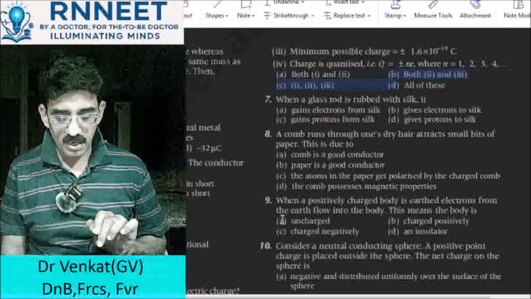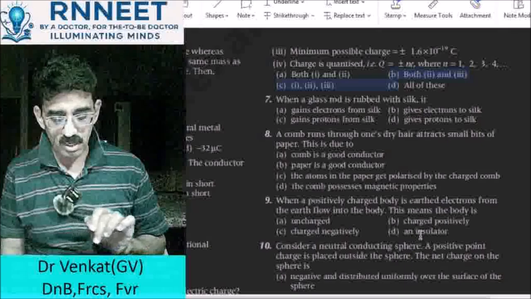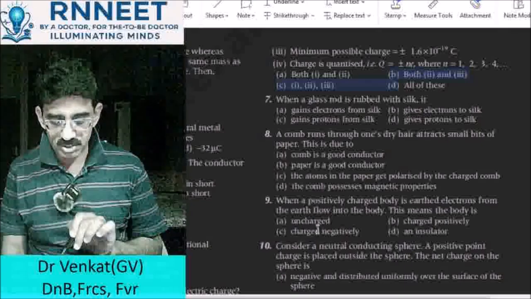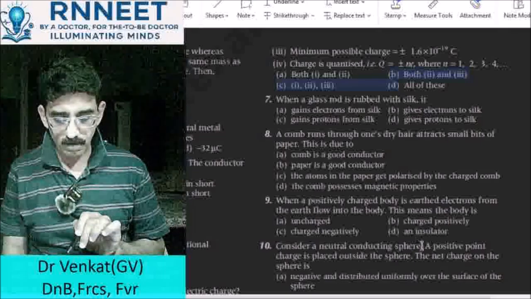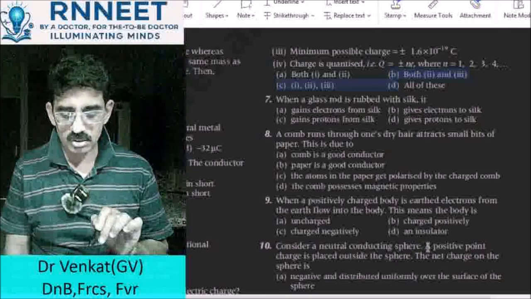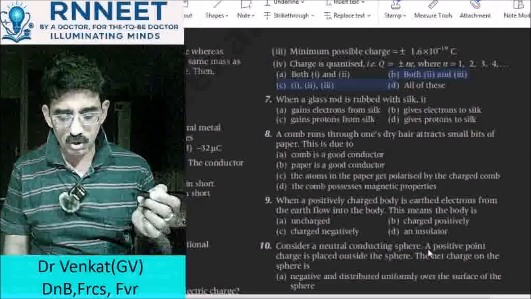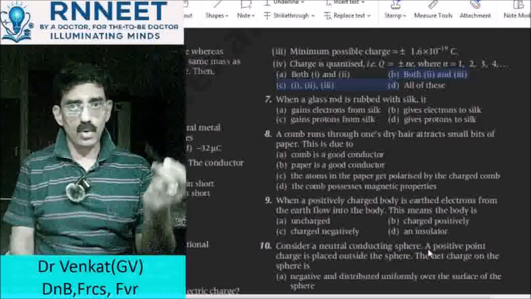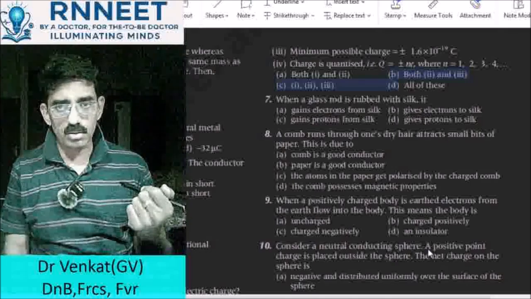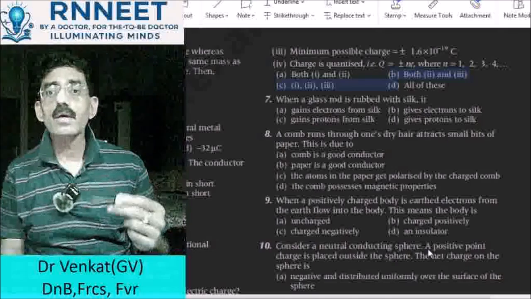The options are: the body is uncharged, charged positively, charged negatively, or an insulator. It's telling us a positively charged body is earthed. Electrons from the earth flow into the body.